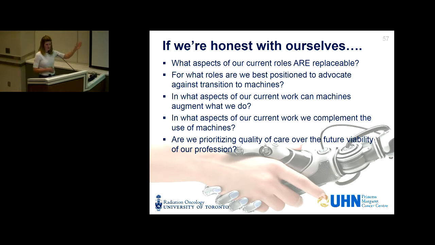Some vendor might think they could develop something that would make sense to offload one of our tasks, but we know best what can be offloaded and what really shouldn't be. And what aspects of our current work can machines help us in what we do? And what aspects of our current work can we complement what machines can do for us? Those are the two that are around the sort of missing middle concept.